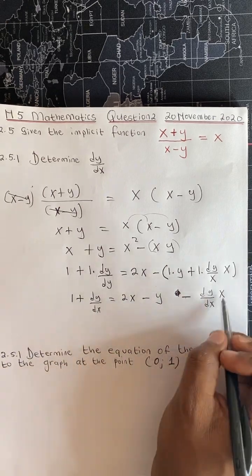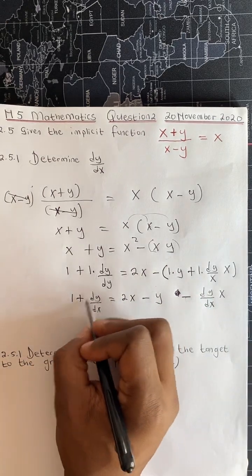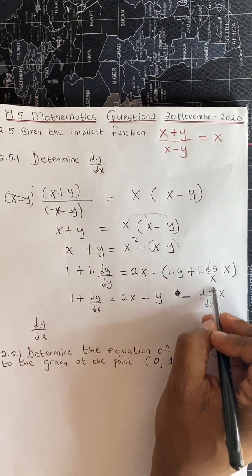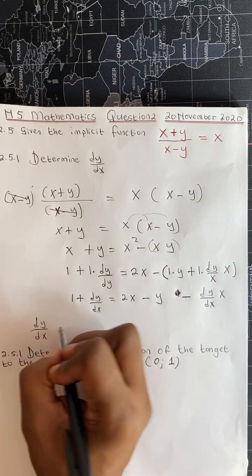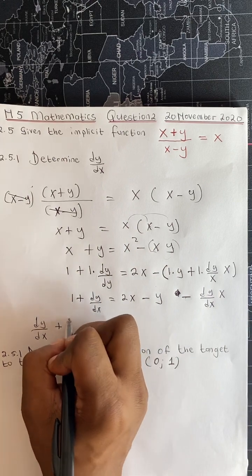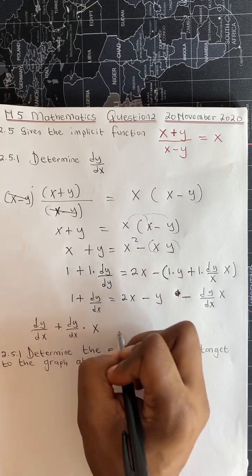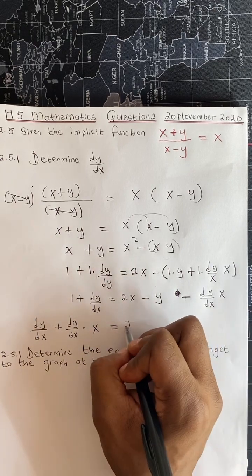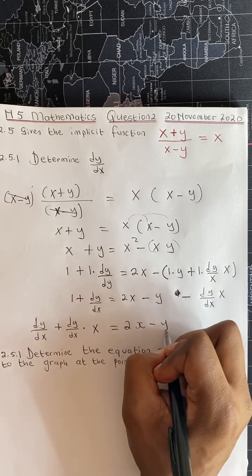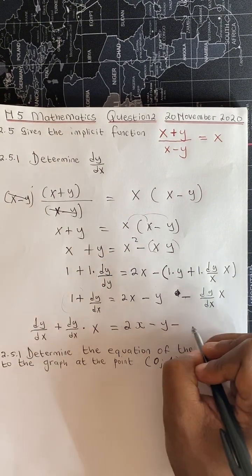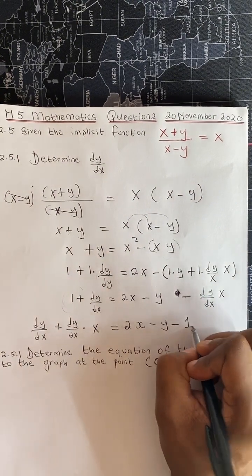So we already have that dy over dx, and we bring this one to the left. It's going to change sign from negative to positive, dy over dx multiplied by x. So we have 2x and then minus y. This one does not have dy over dx, so let's take it to the right. It's going to change sign from positive to negative 1.